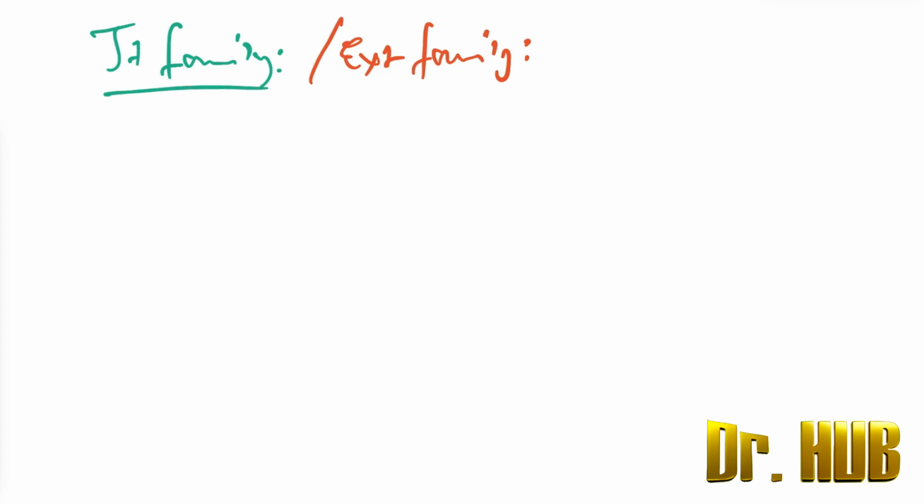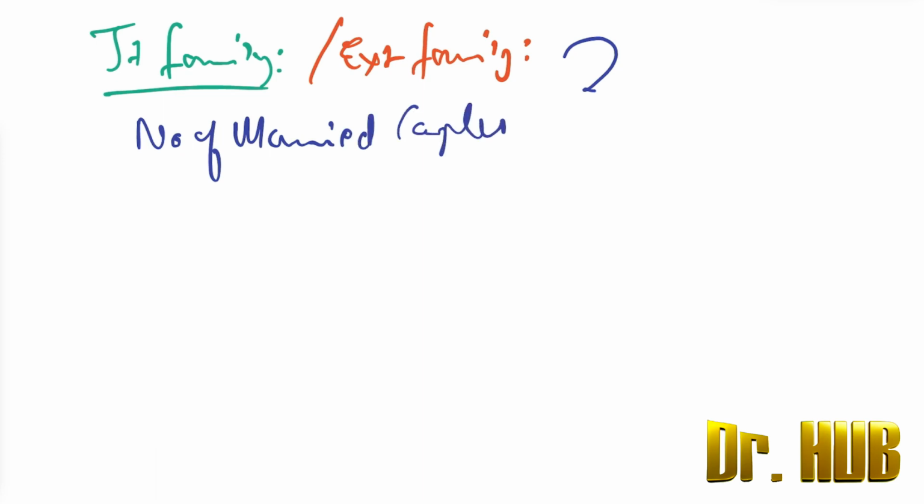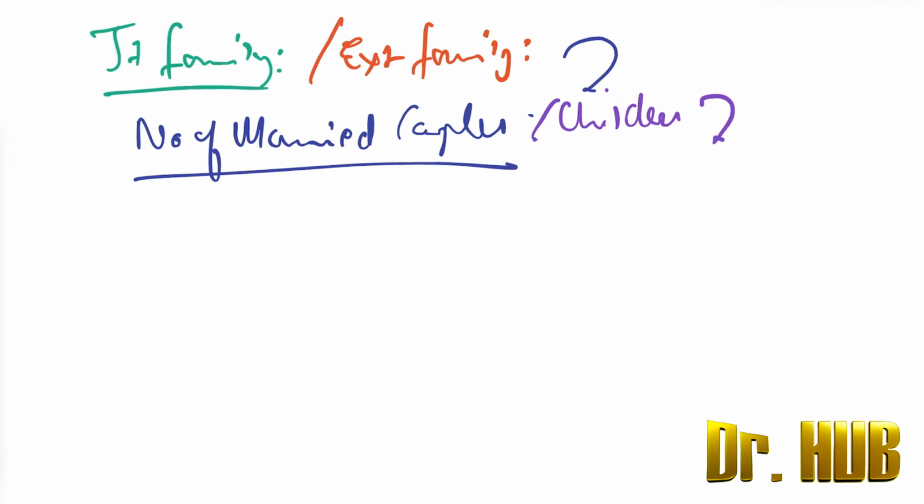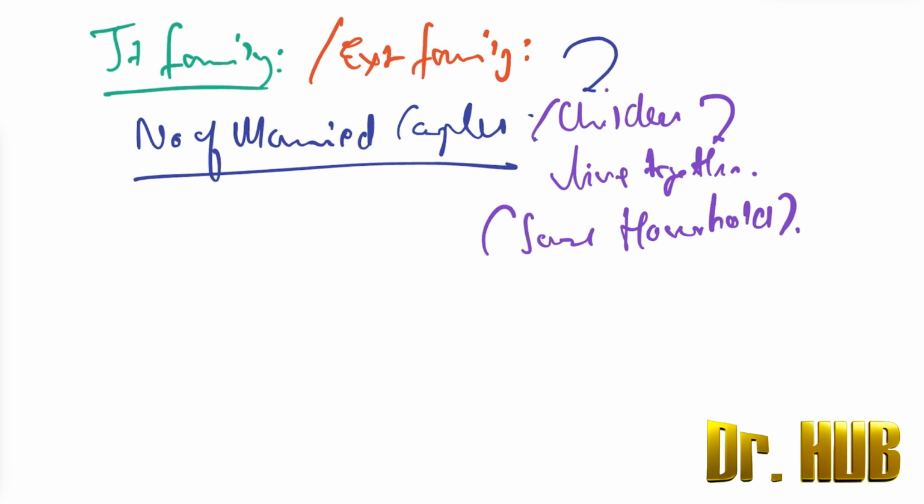A joint family consists of a number of married couples and their children who live together in the same household.